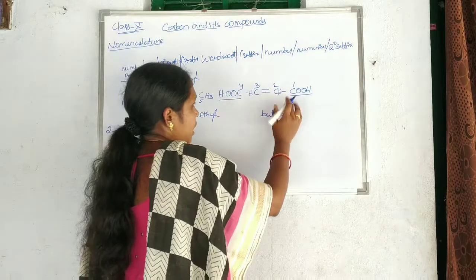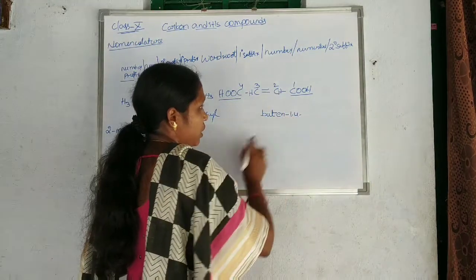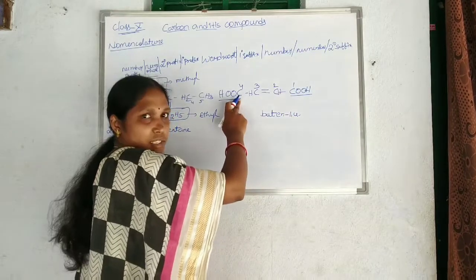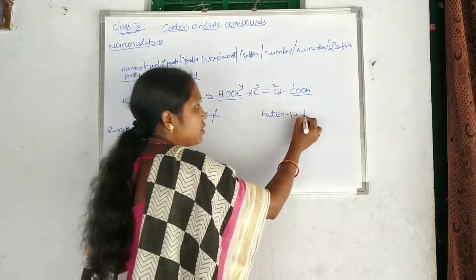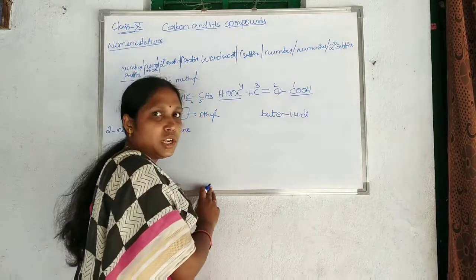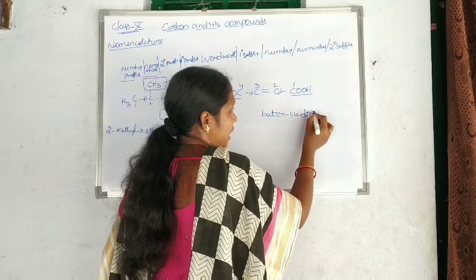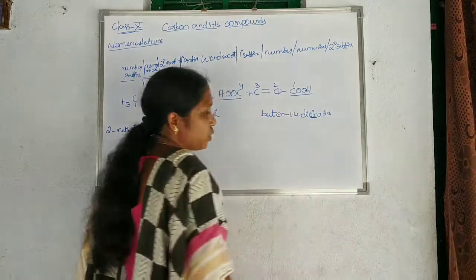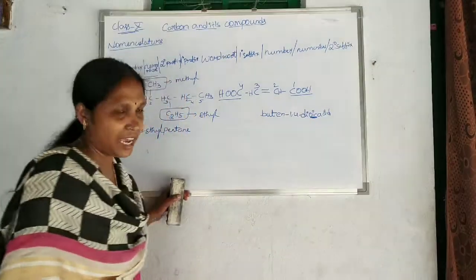And two same functional groups are there, their positions are 1, 4, so a number suffix is entered. Also, two are the same functional groups, so the numerical suffix di is also entered. We use the numerical suffix also, that is 1, 4 dioic acid. Oic is the representation of the carboxylic acid. So butene 1, 4 dioic acid.